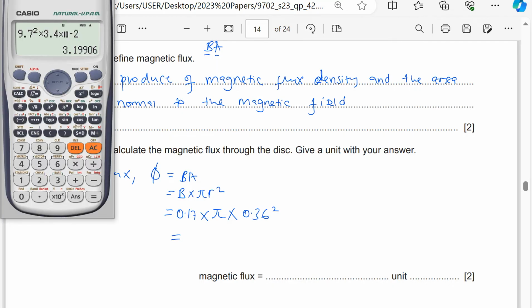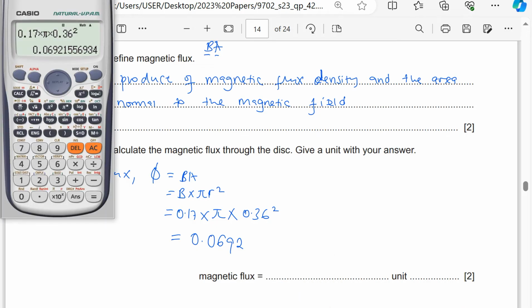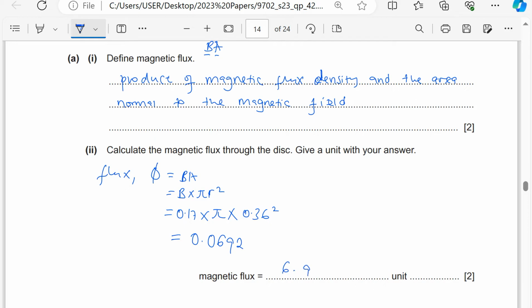So we check with our calculator: 0.17 times pi times 0.36 squared. That is 0.0692. I want three significant figures, which is 6.92 times 10 to the power of -2. The unit is Weber.